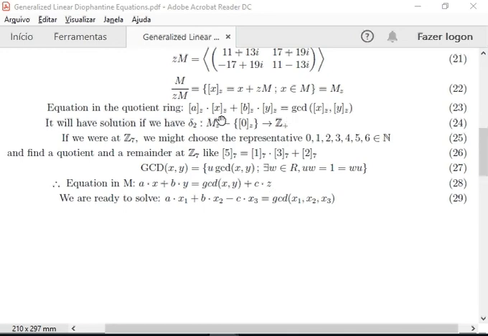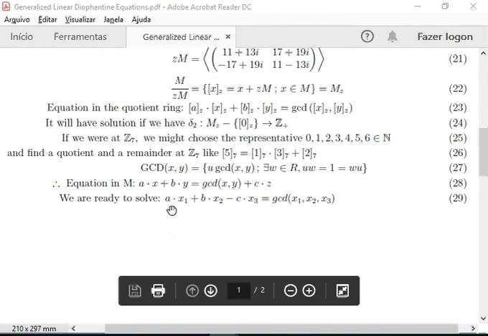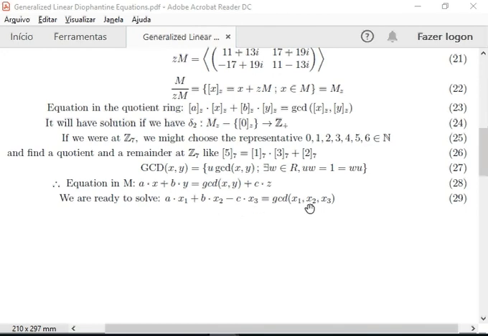Because A plus Z, X plus Z, B plus Z, Y plus Z, GCD plus Z. All we need is to add a constant times Z on one side and solve the equation A x1 plus B x2 minus C x3 equals the GCD of x1, x2, x3.